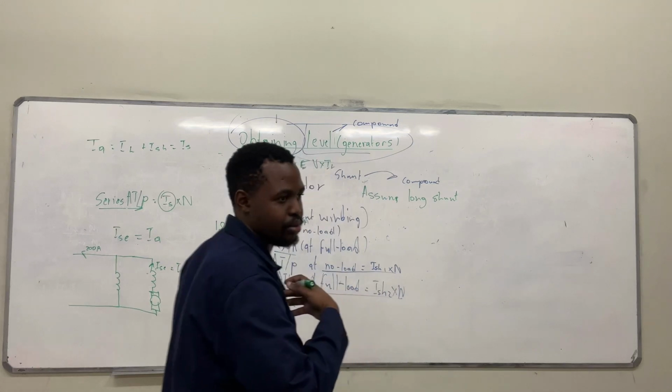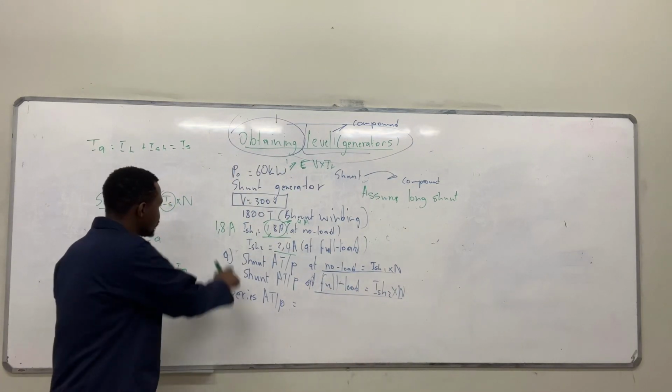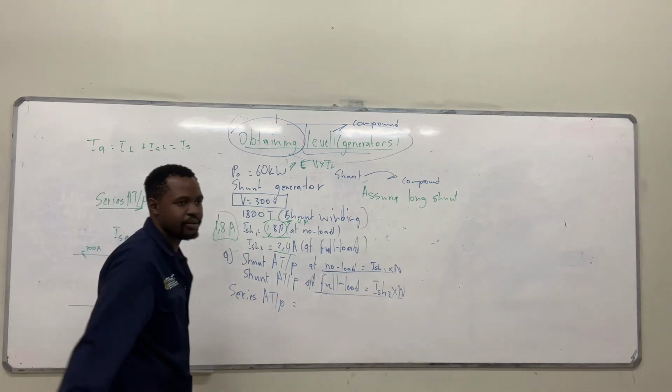So it's my textbook. My textbook is saying 4. The no load current is 1.8, not 4.